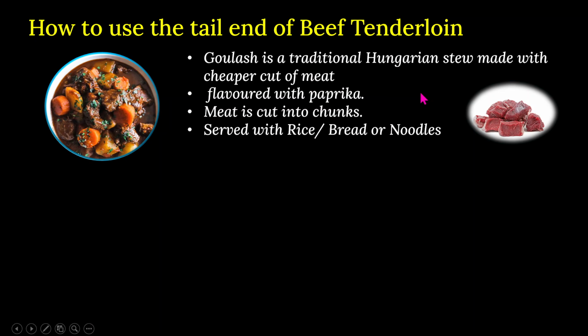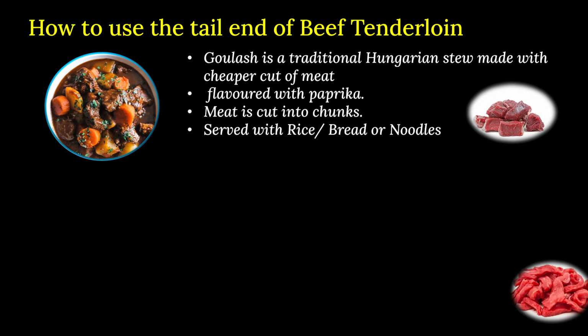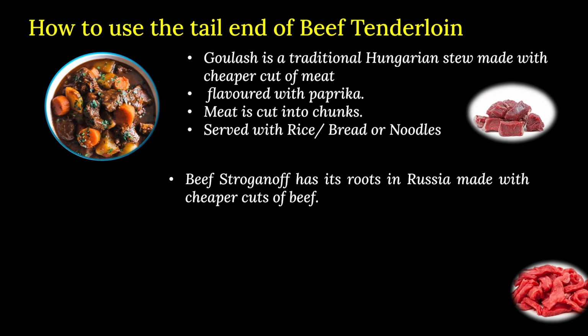Okay, we can make another product with this. In that case, the end part of the fillet is cut into strips. In the case of Hungarian goulash it is cut into chunks, and in this case it is cut into long, thin strips, not very thick. And we prepare another dish, known as beef stroganoff.